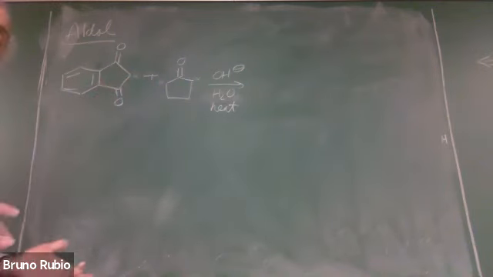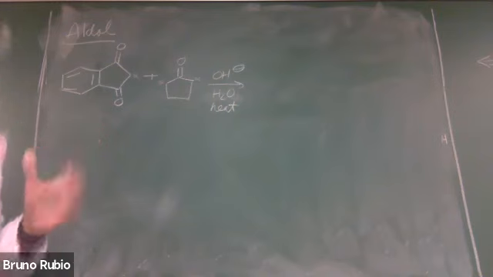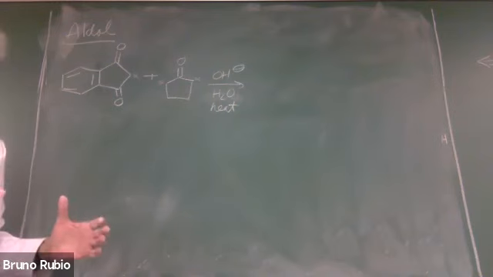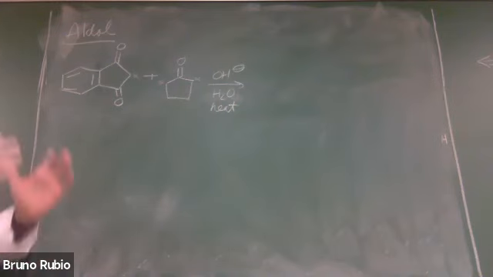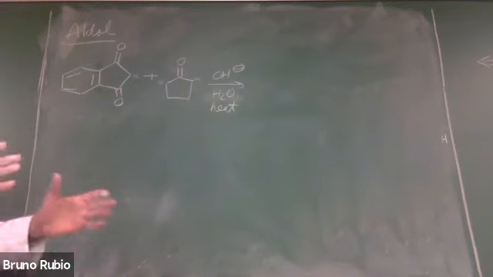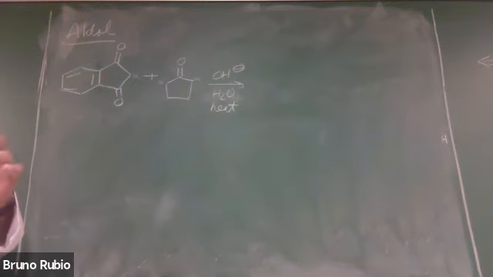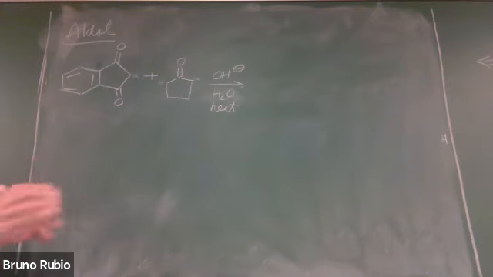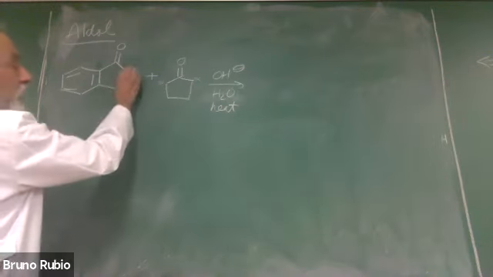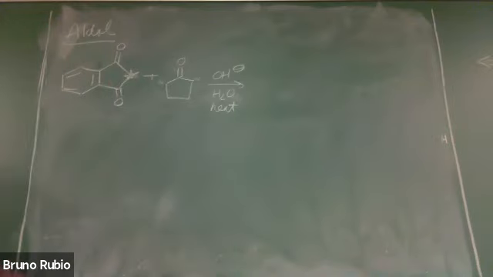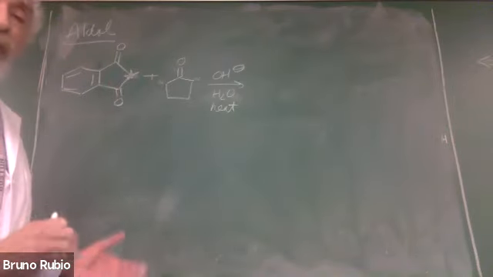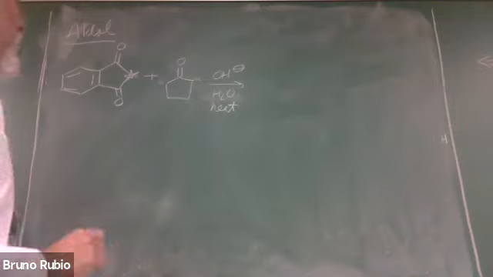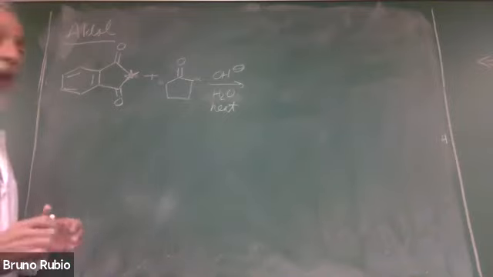But we said before that an alpha carbon that is sandwiched in between two carbonyls is much more acidic than an alpha proton that is next to just one carbonyl. So in this example, there is no question of where the star will be. There's no question of where the nucleophile will be. It will be there. That's just much more acidic and much more easily enolized than any other kind of alpha carbon.